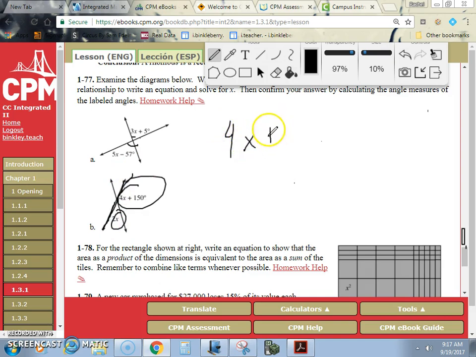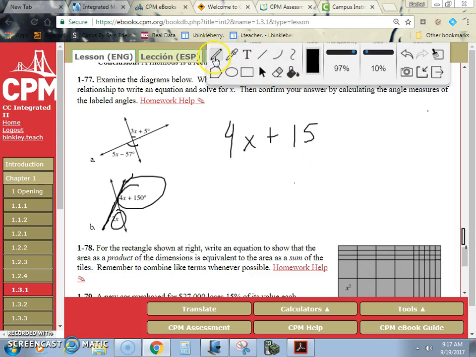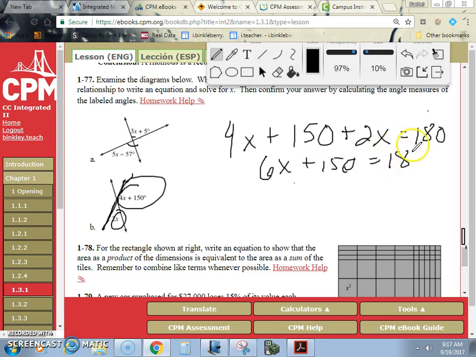So 4x + 150 + 2x is equal to 180. So I'm going to combine like terms. So I have 6x + 150 = 180.